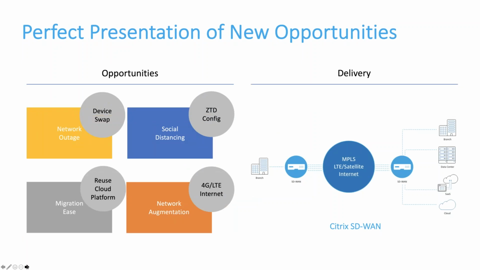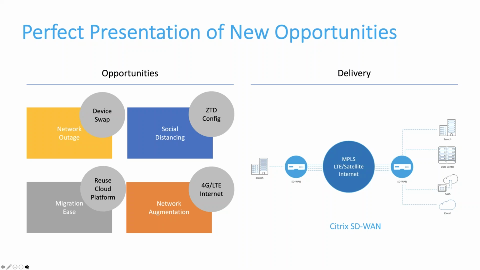The reality is this situation provides a perfect presentation of new opportunities. What I mean by that is, for businesses in particular, this represents an opportunity to undertake a lot of work that requires business network outages.